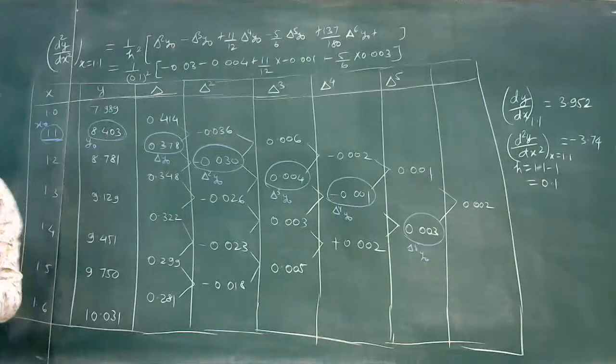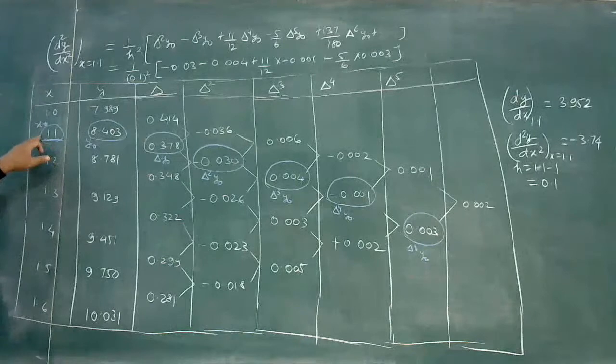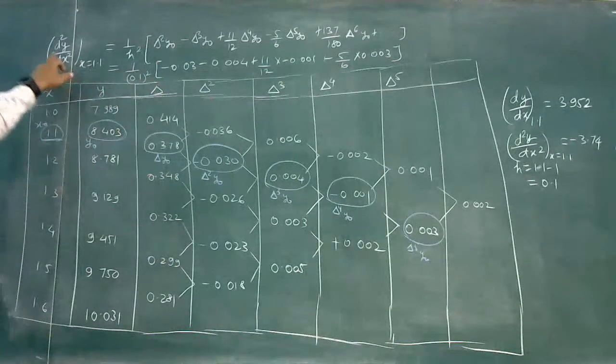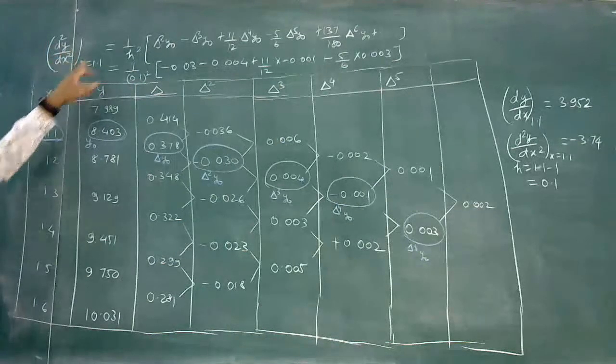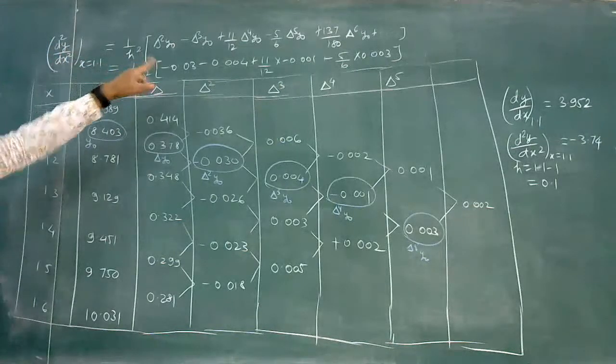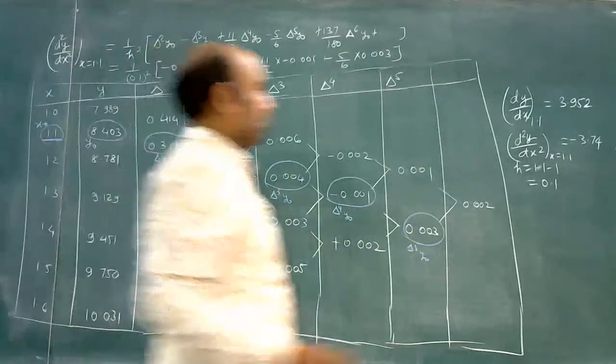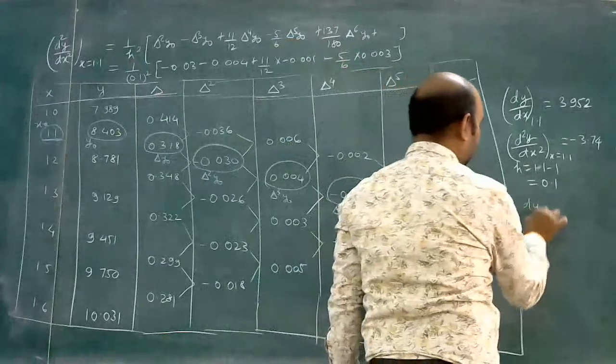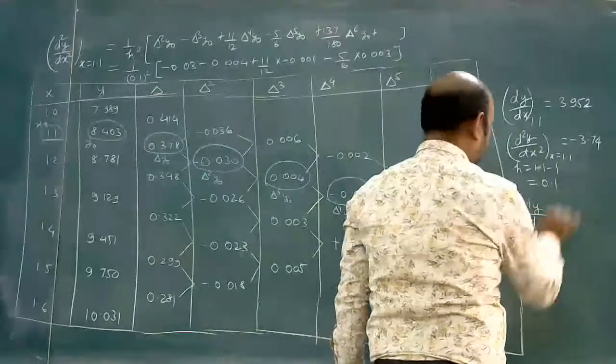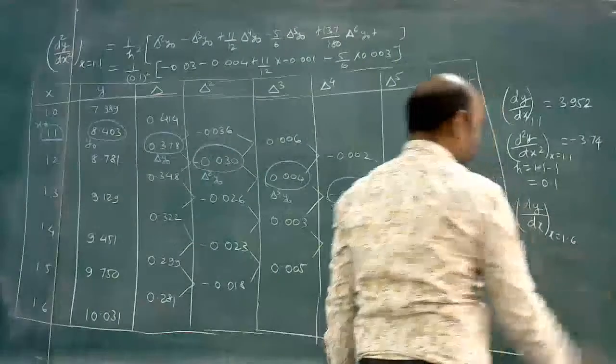So dy by dx at 1.1 and d square y by dx square are calculated like this, at x is equal to 1.1. And in the second part, you have to find the value of dy by dx at x is equal to 1.6.